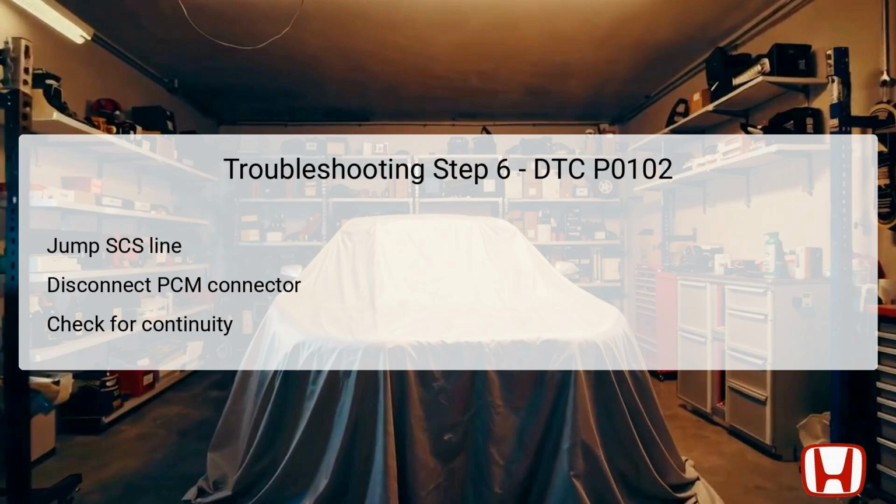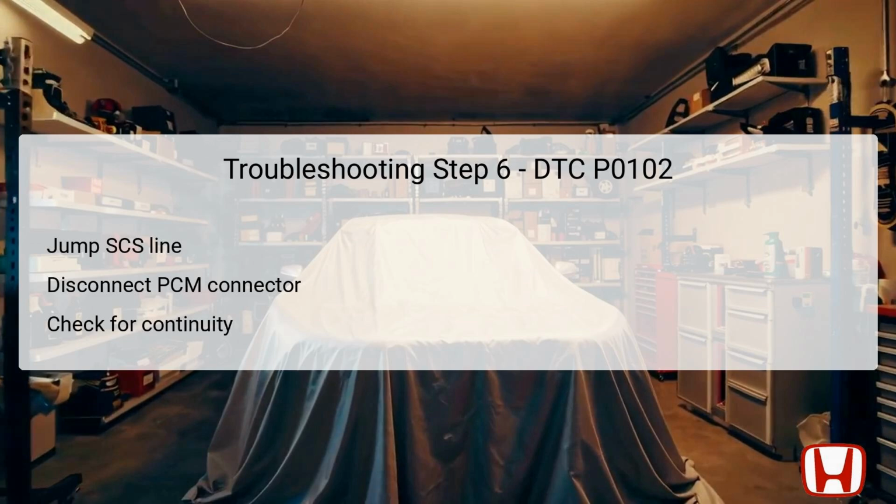After initiating this step, disconnect the PCM connector A, which contains the necessary wiring for the PCM communication. The next action is to check for continuity between the specified test points while the vehicle remains in the off mode.